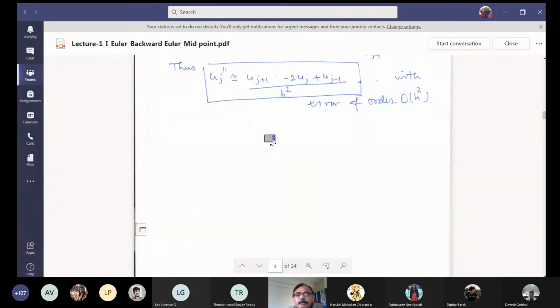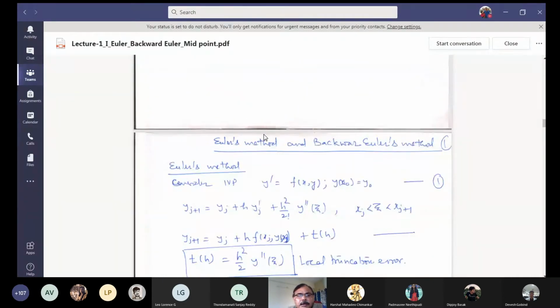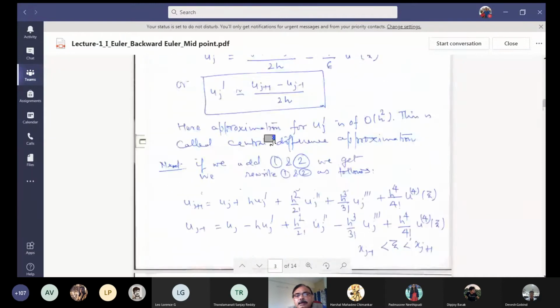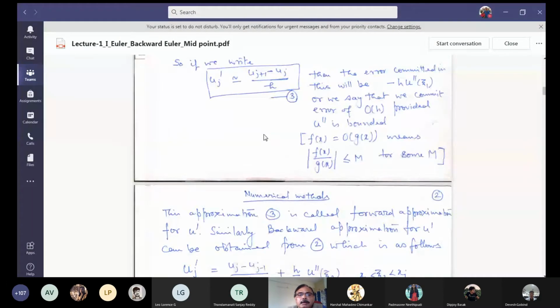There is one definition that you have to understand. We say that a function f(x) is of capital O order. There is a small o also, but I am not going to discuss that here; it is not required for this course.